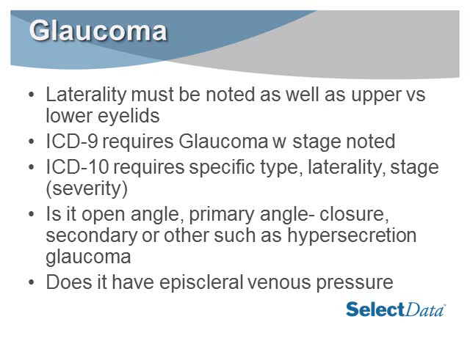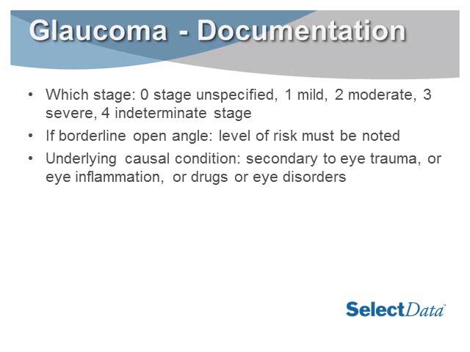You need to know, is it open angle, primary angle closure, secondary, or other such hypersecretion glaucoma, and does the patient have episcleral venous pressure? When documenting the stage, we need to know whether it's stage 0, which is unspecified, 1 mild, 2 moderate, 3 severe, or 4 of an indeterminate stage.